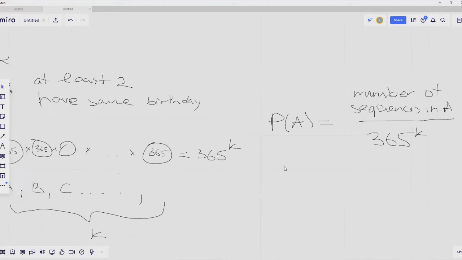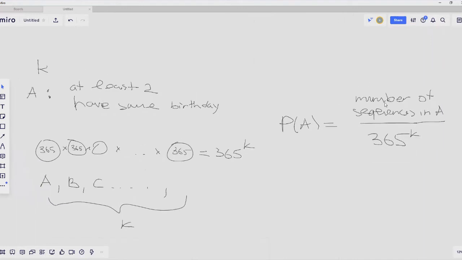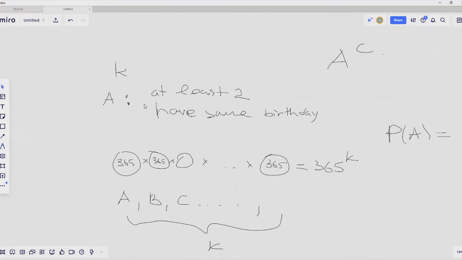Now, calculating the number of sequences that we have in A is much harder than calculating the number of sequences that we have in A complement. We can divide our sample space into the following two categories. First category is when at least two have the same birthday.